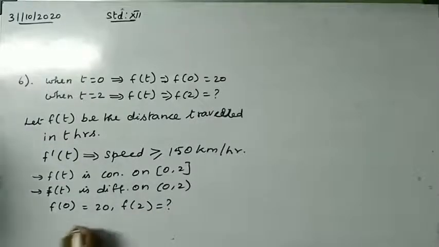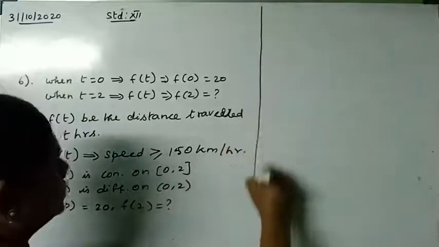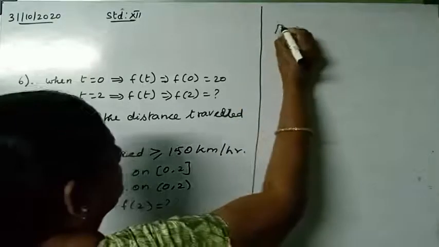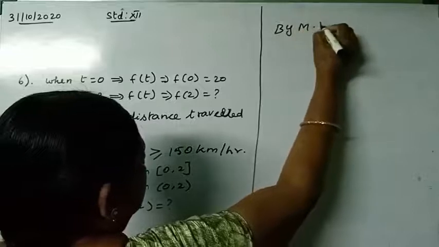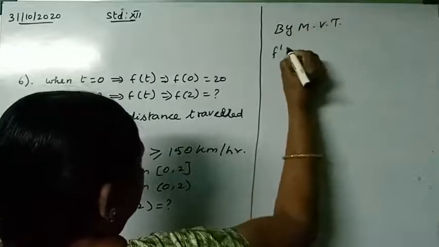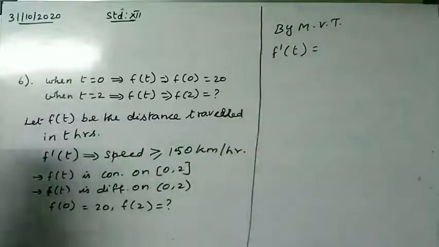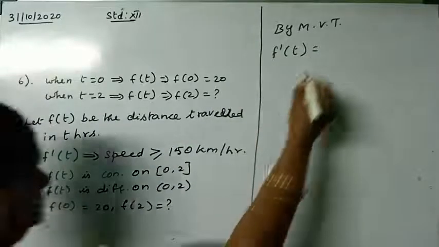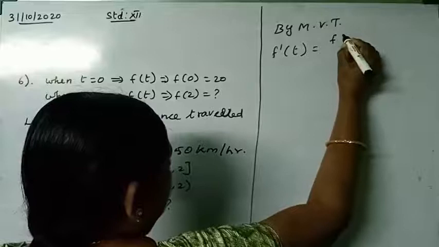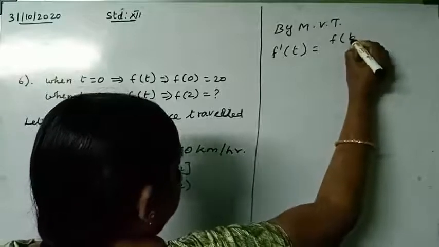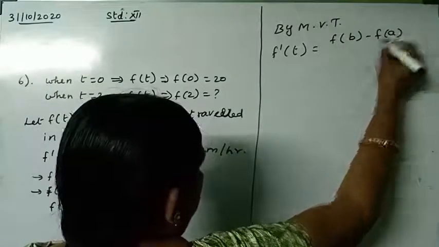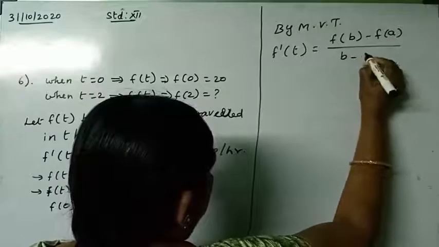And by the mean value theorem, f dash of c is equal to f of b minus f of a divided by b minus a.